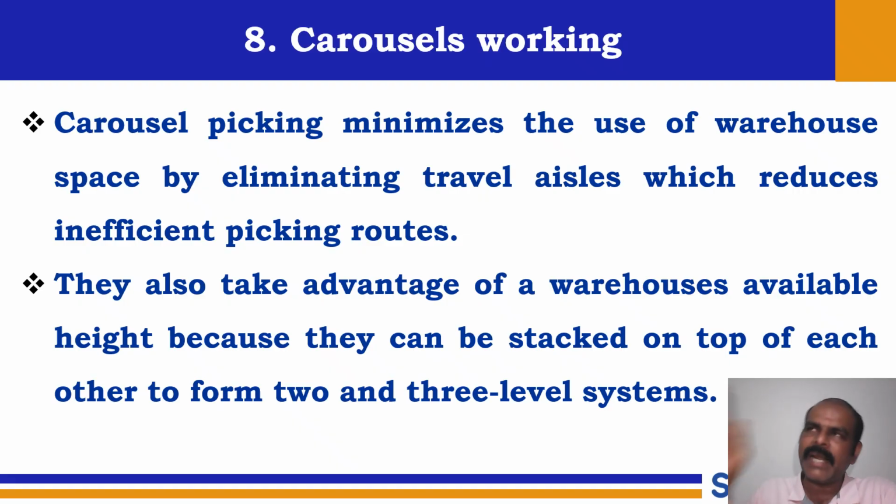We know under each rack what the location of the product is, and easily it is possible for us to pick them up. They also take advantage of a warehouse's available height, because they can be stacked on top of each other to form 2 and 3 level systems. So we can keep growing, multiplying like anything till we utilize the space of the warehouse.